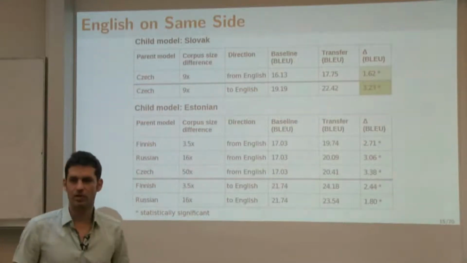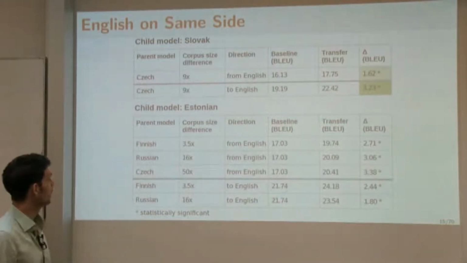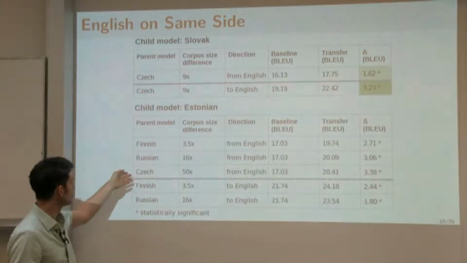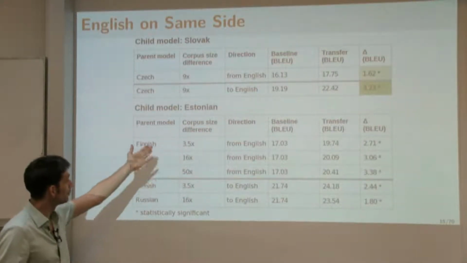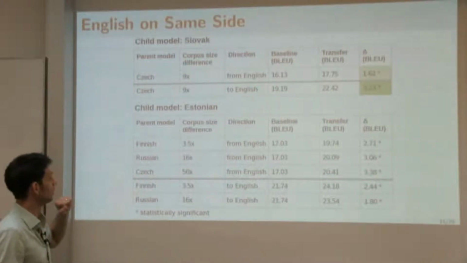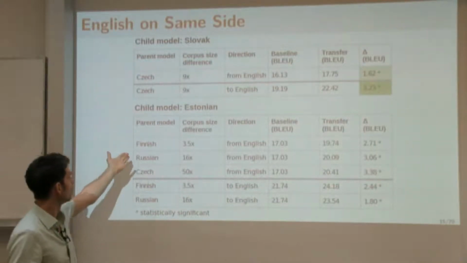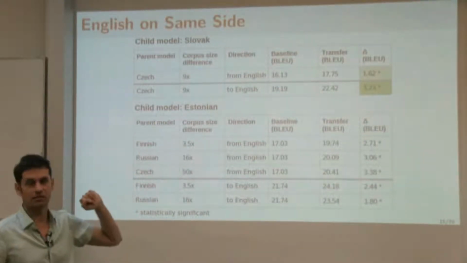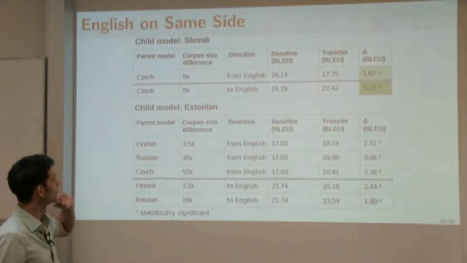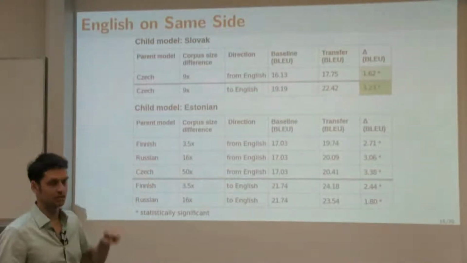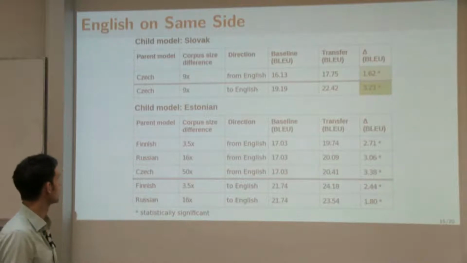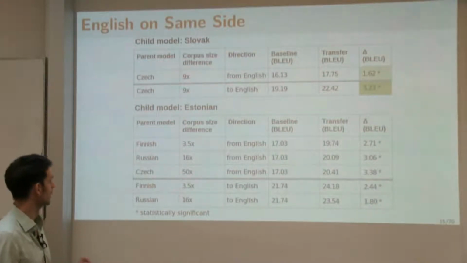This is another experiment with Estonian. There, the parent languages were Finnish, Russian, and Czech again. They differed in the magnitude of corpus sizes. Finnish was 3.5 times bigger than Estonian, and it is the related language. Finnish and Estonian are closely related.